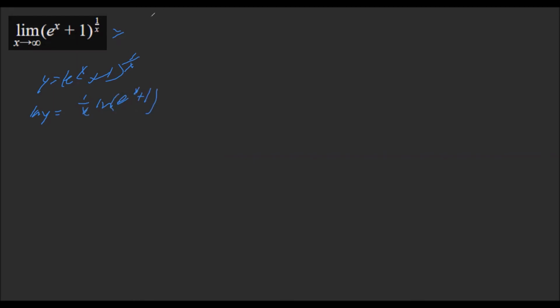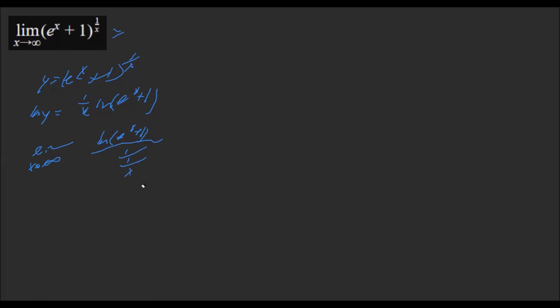And now we can take the limit of this. So we can say that the limit as x approaches infinity of natural log of e to the power of x plus 1, over x, is indeterminate.